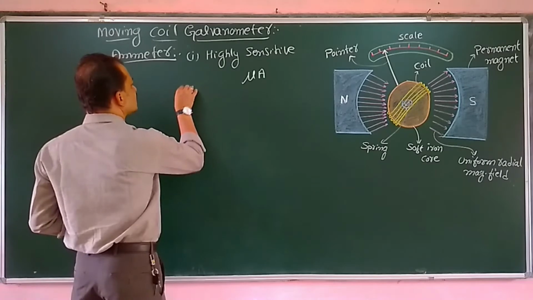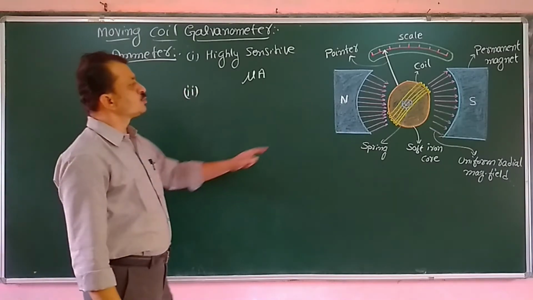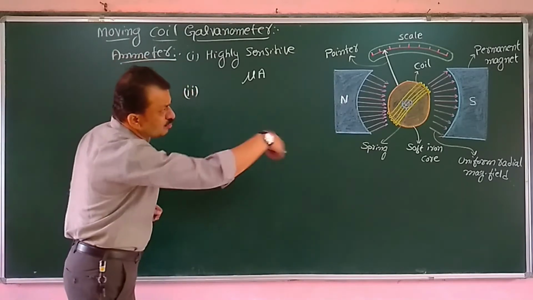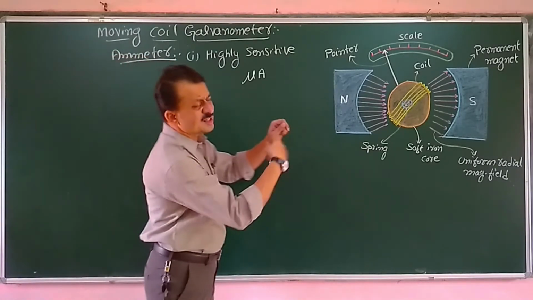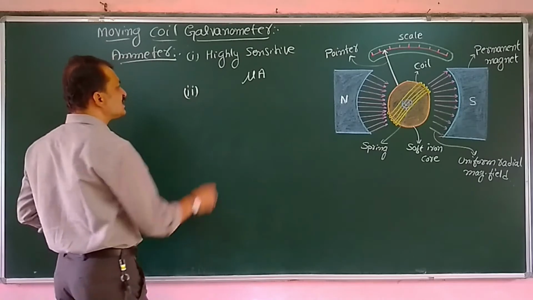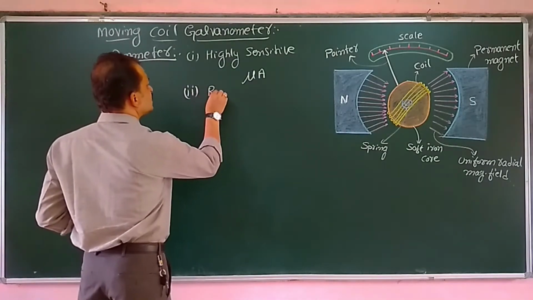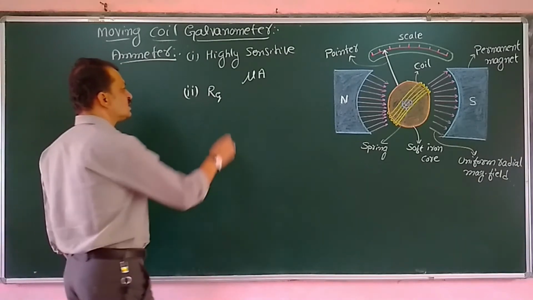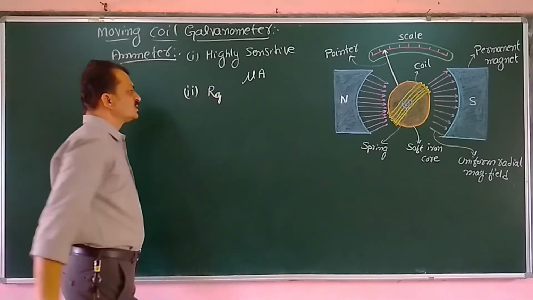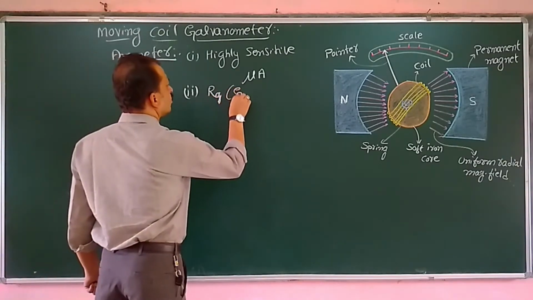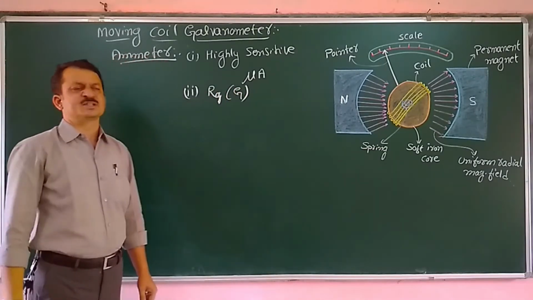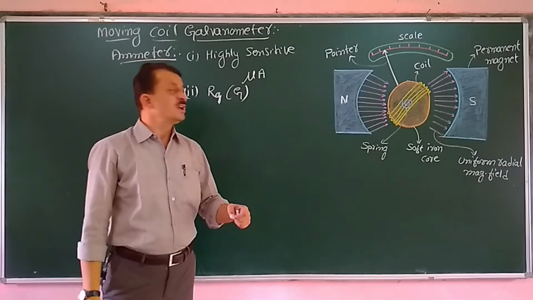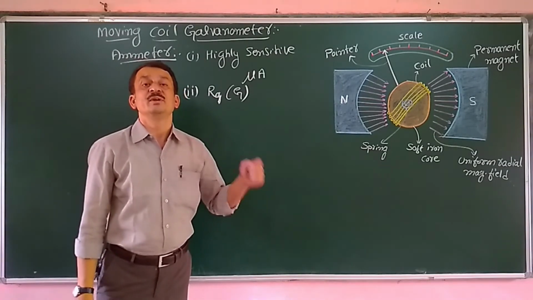And the second one is why we are not using this galvanometer directly as an ammeter. Now, this galvanometer, because of the coil system, has a resistance. That resistance we call Rg. Rg is the resistance of the galvanometer. In some textbooks they have written only capital G. Now that resistance is a little bit higher.